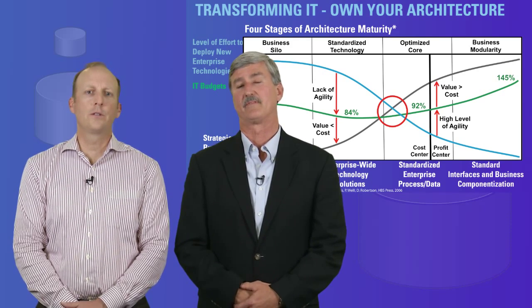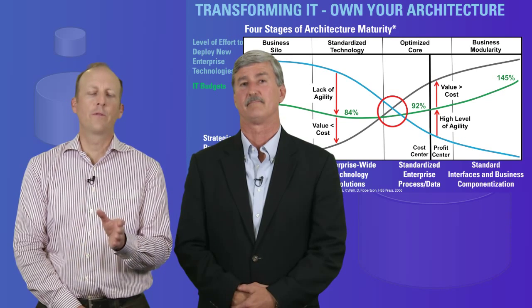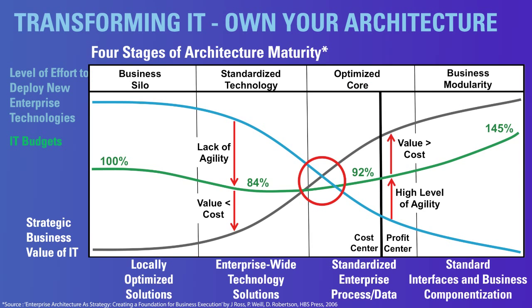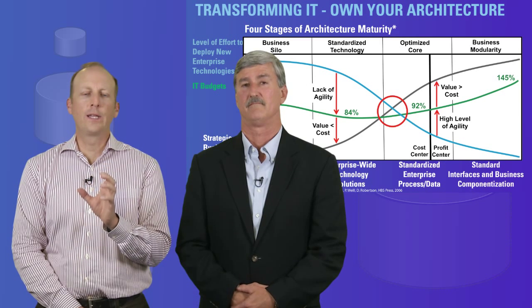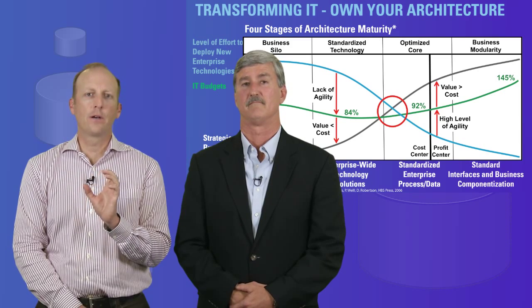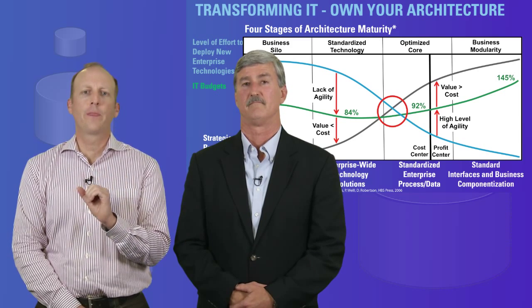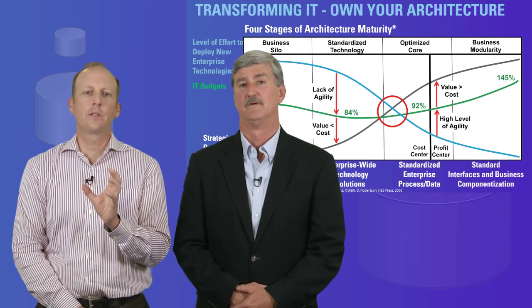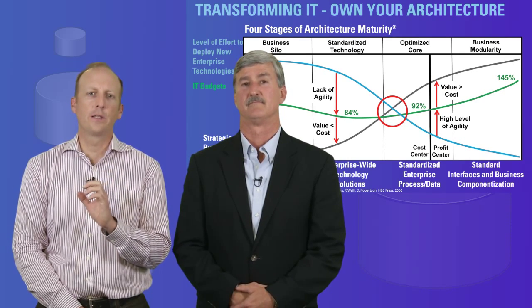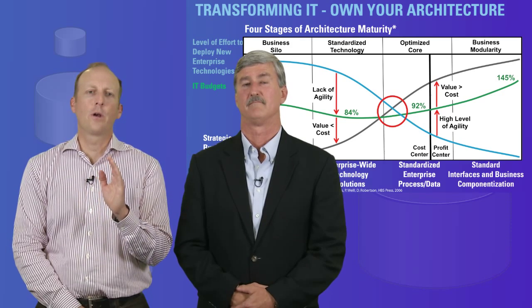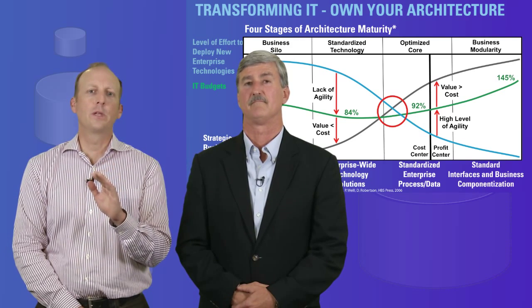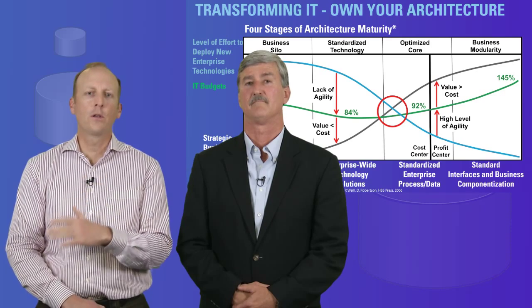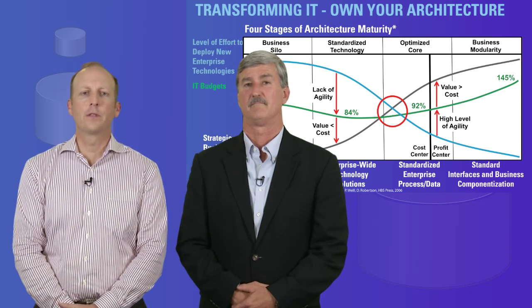The key thing is that as you get to the juncture where you're moving from a cost center to a profit center, I can tell you from talking with customers in the past, you really get the attention of the CIO and some of the senior management, as they start to see the value of what their group brings, and they can be considered on par with some of the C-level executives in the business side.